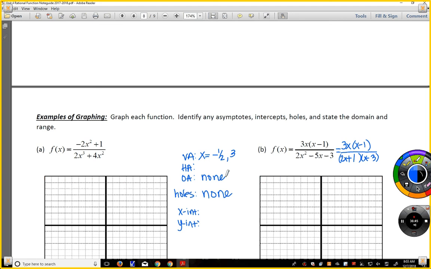So we're going to use those lead coefficients that would be there if we multiplied out. So the horizontal asymptote would be at 3/2. And so here's generally what we mark on the graph. So we're going to go through and mark our vertical asymptotes to split our graph into the branches. So I'm going to mark one at 3. And one at -0.5.